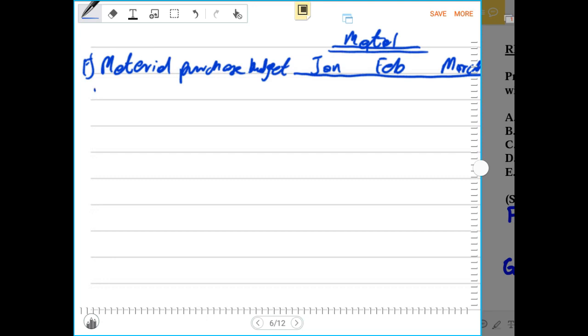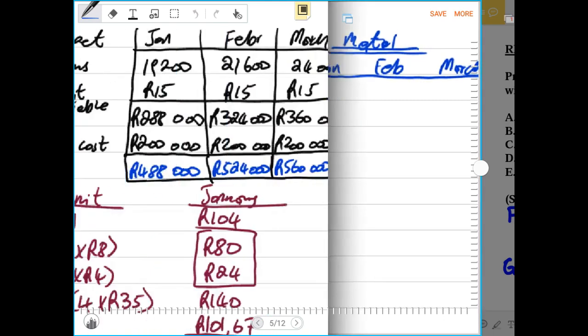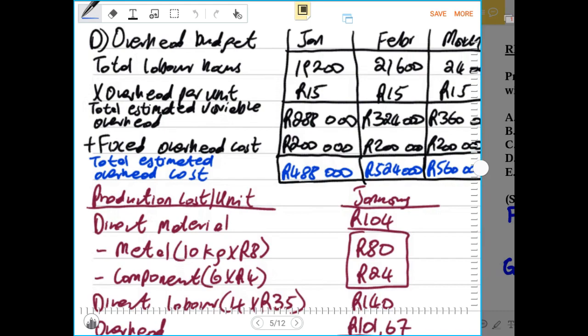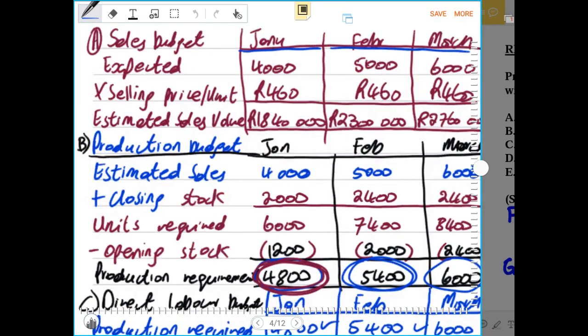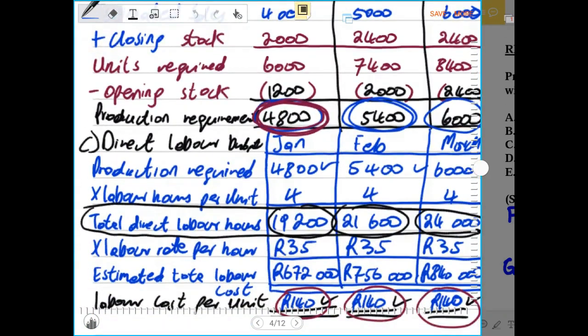So now we start with the production required. Remember, we start with the production requirement. And we know that our production requirement for the month of January is given to us as 4,800.